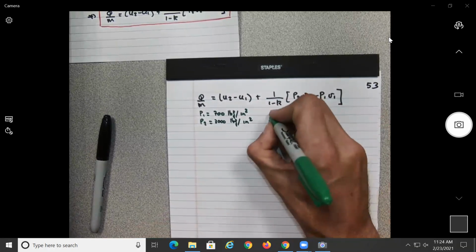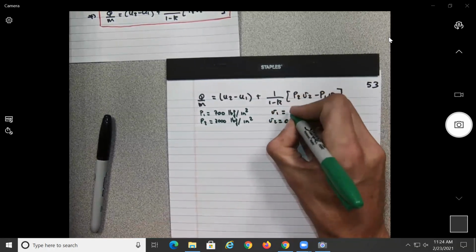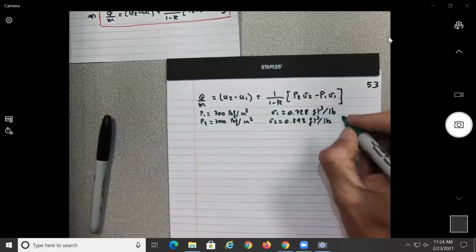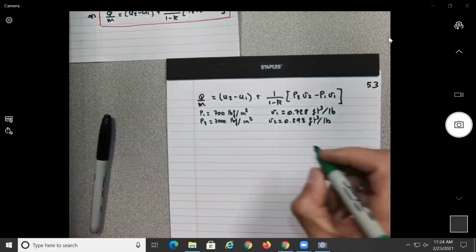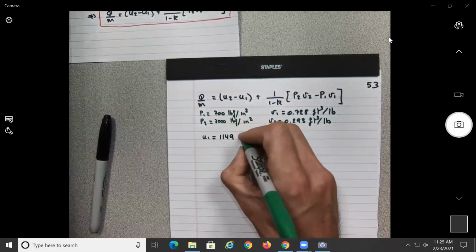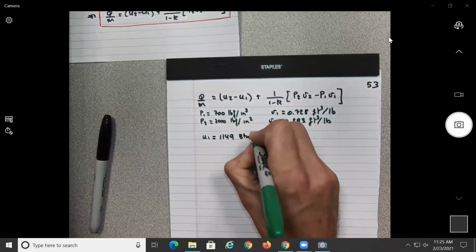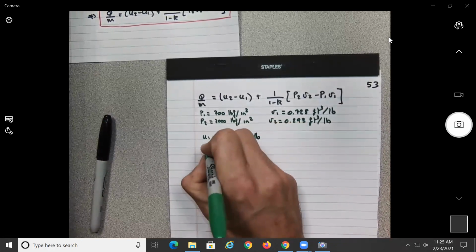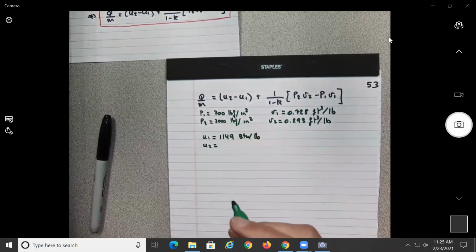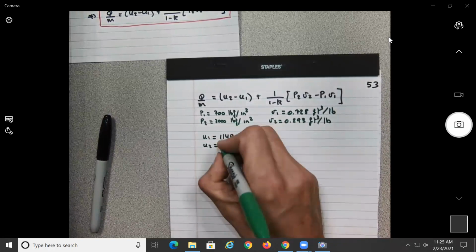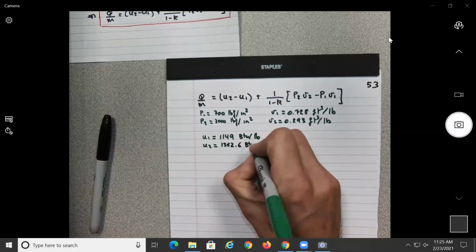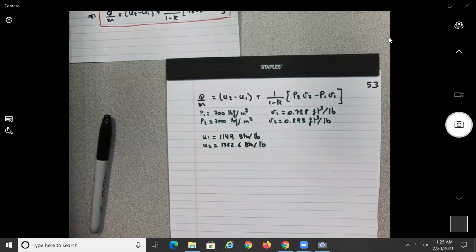V1 we found to be 0.728 cubic feet per pound. U1 is 1,149 BTU per pound, and U2, let's see what I have, U2 is equal to 1382.6 BTU per pound.